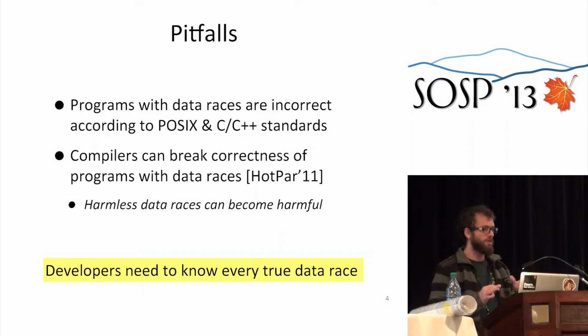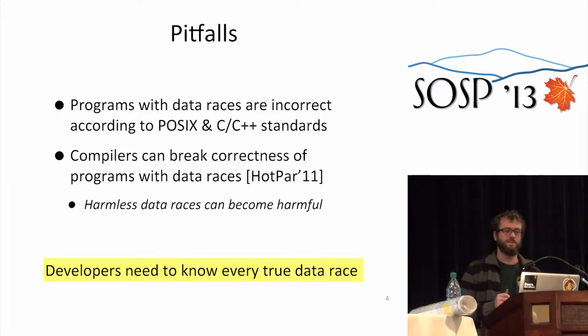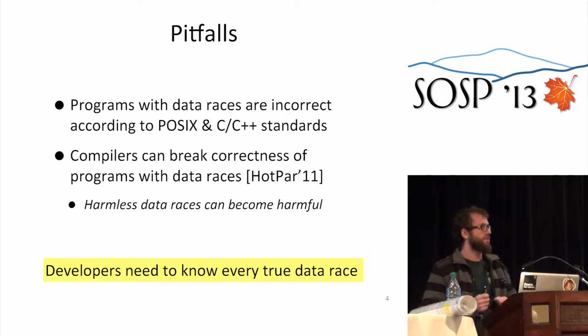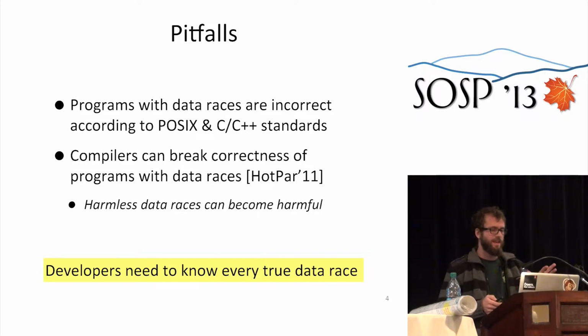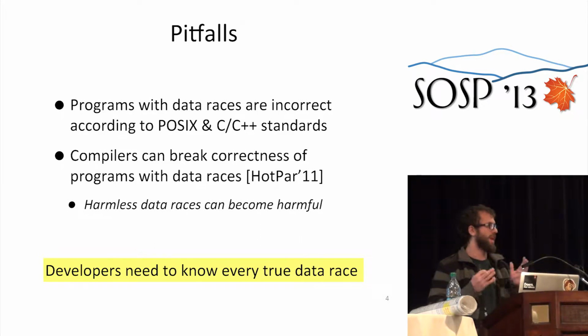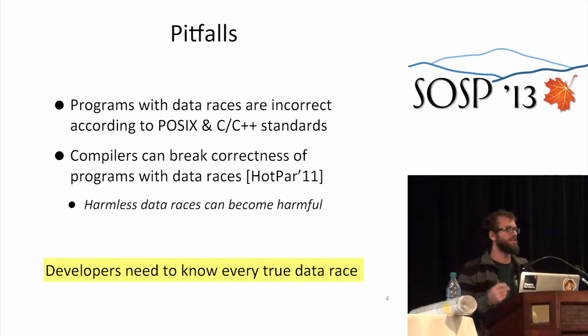In turn, those data races that the developers left in their code for performance reasons, or those that they're not yet aware of, can become harmful. So the key point is that any data race in any given program can become harmful and have bad consequences. So developers need to know where data races reside in their code.